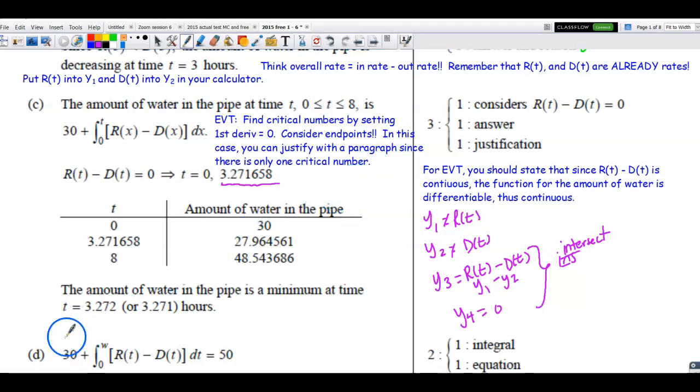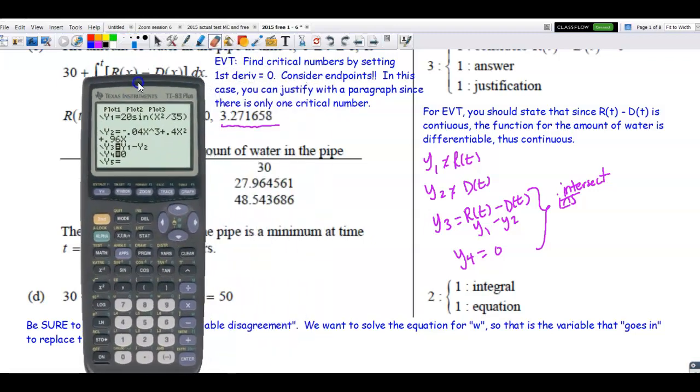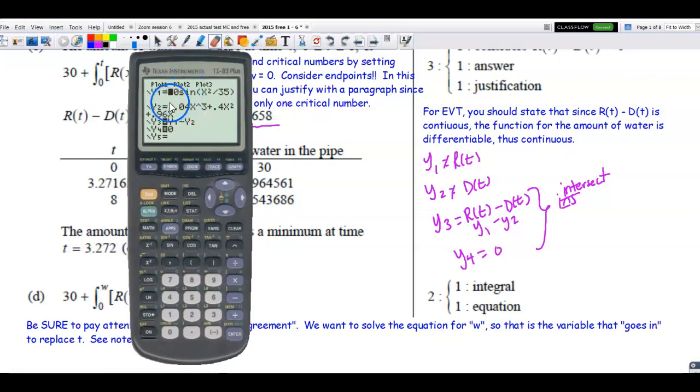So I want to take a look at what that function looks like, because there are two ways that we can justify this, and I want us to see the graph so we can consider that. So I'm going to bring my calculator up and let you see that there are a couple of ways to write this up. So I'm going to just cover this up for now. In y1 I have r of t, and in y2 I have d of t, and in y3 turned on I have y1 minus y2, and y4 is equal to 0.